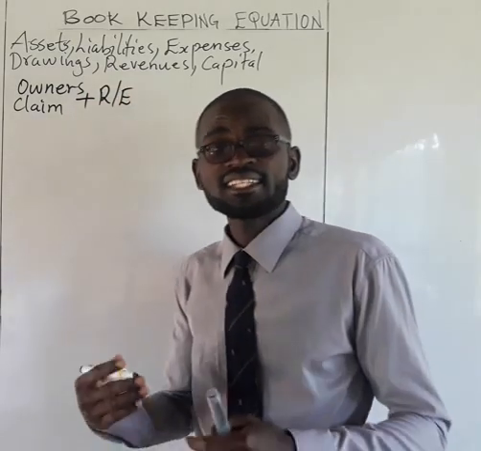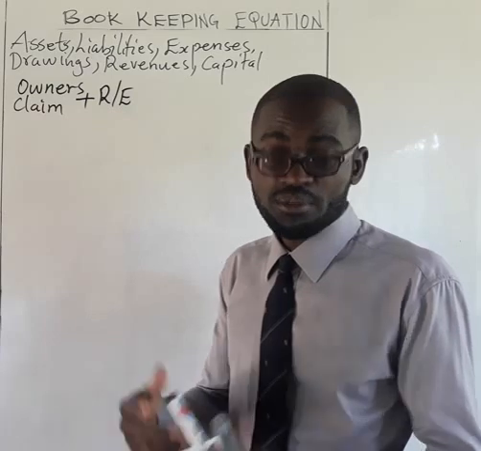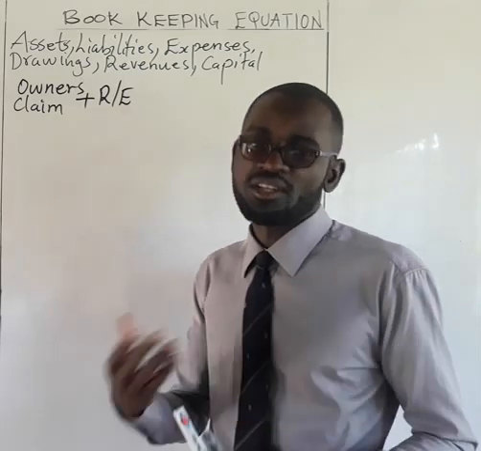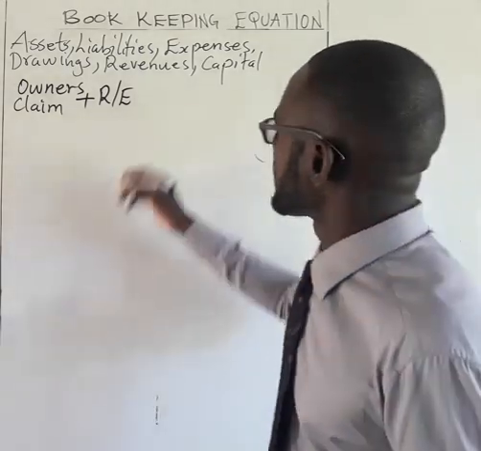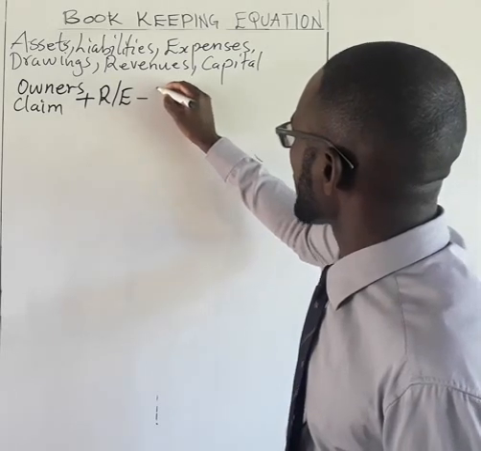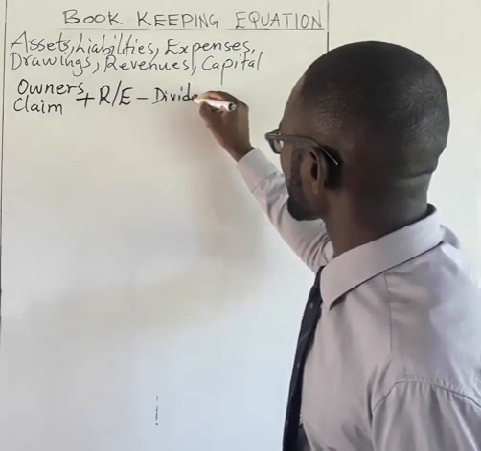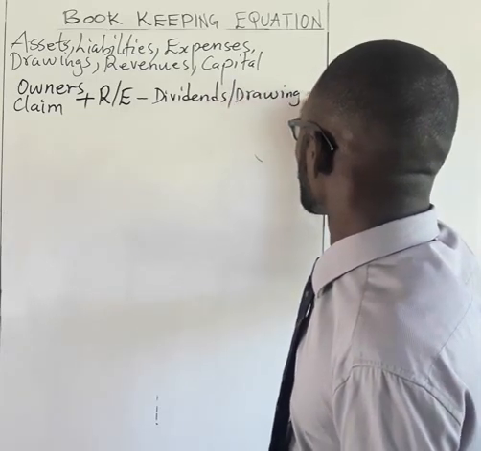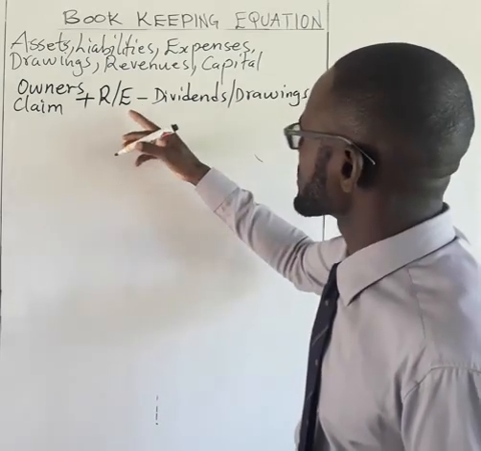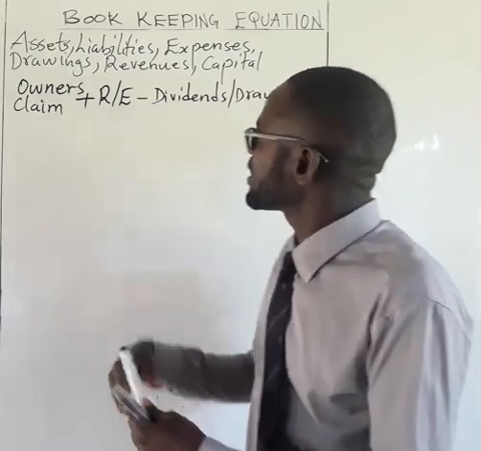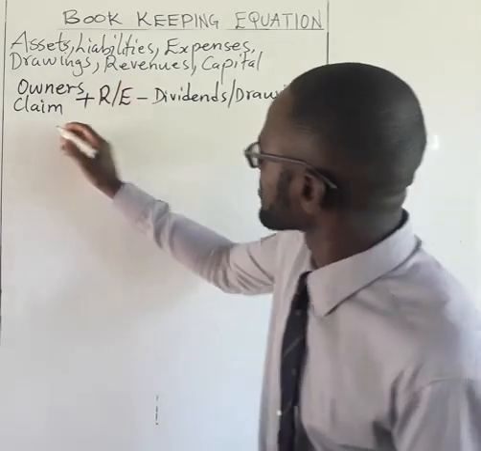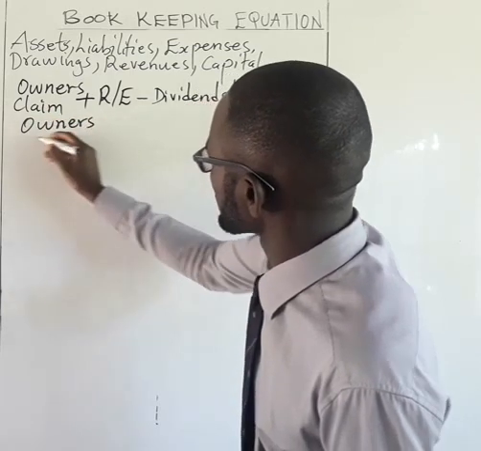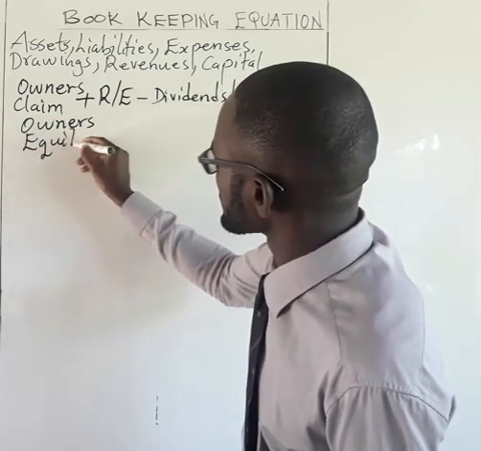And retained earnings simply means those parts of the profits which are held back to be used in the normal operations. Now, when you have the retained earnings, then after paying all the dividends, in other words, after making drawings, whatever the owner of the business remains with will make part of what is known as the owner's equity.